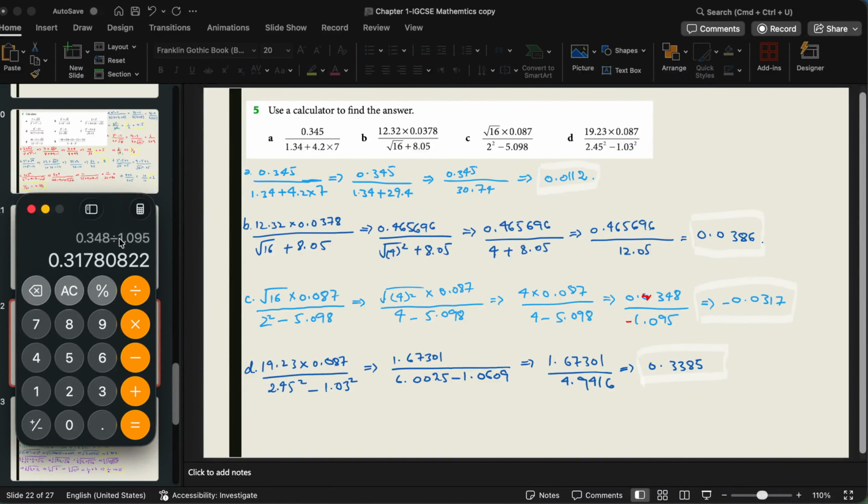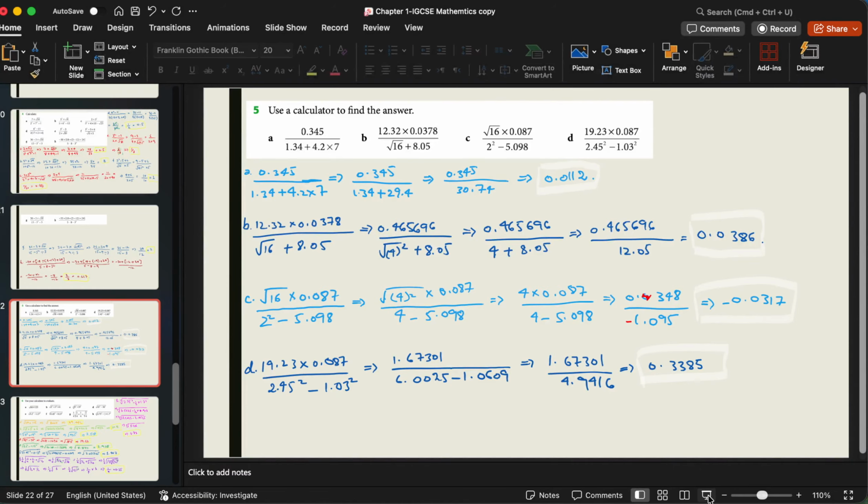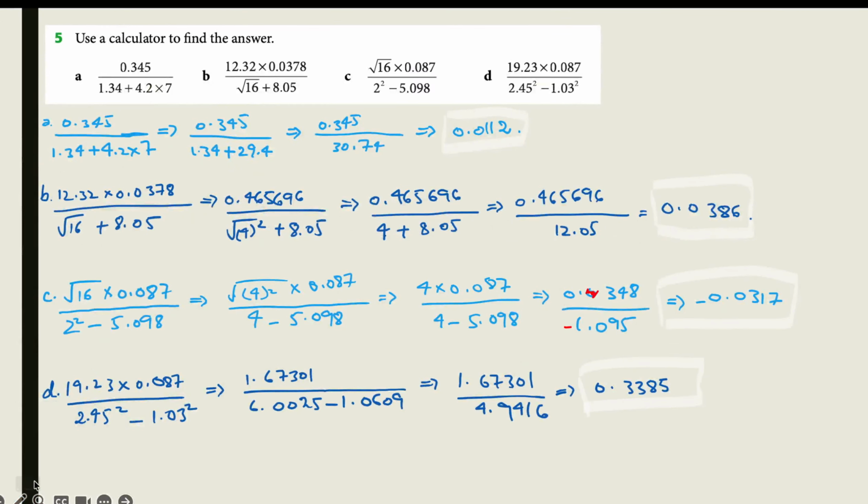In here I couldn't insert it because I have to use the brackets first, and then inside the bracket I have to use the minus sign. Since we have it already, it will remain the same. Therefore with the answer we get this negative sign as well. So in here again we will rectify the answer also, because this 0 is extra. So in here we get minus 0.317.